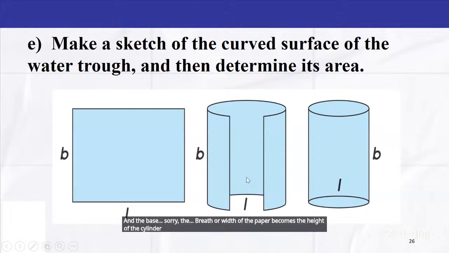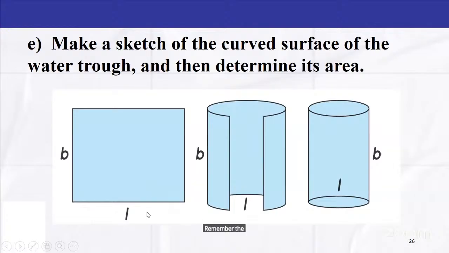So how would we find the curved surface of this cylinder? Remember, the length becomes the circumference, the width becomes the height. Anybody can tell me? The area of this plain paper is length times width.